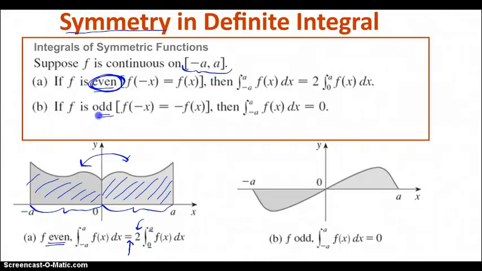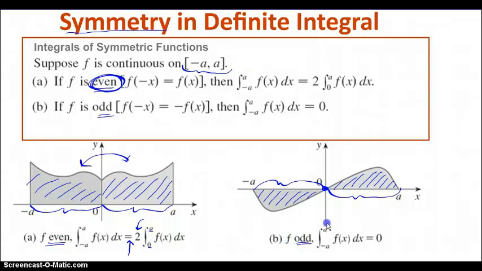For odd functions, it turns out that if we integrate from negative a to positive a, because it's odd and because it's symmetric to the point of origin, we will always have the exact same amount of negative area as we do positive area on an interval that goes the same distance. Again, we're going the same distance to the left of the point of origin as we are to the right of the point of origin.